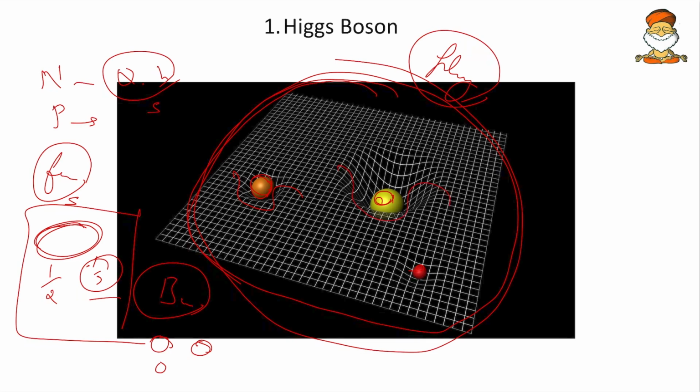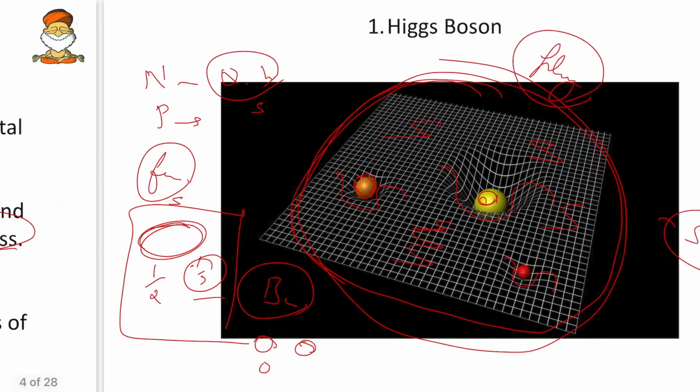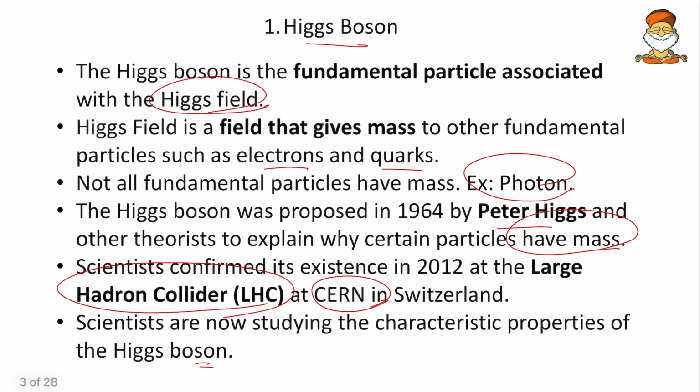Just like how planets and satellites form a depression in the space-time field of the universe, in the same way they also form. So scientists thought that this is the Higgs field, the mesh we find, and within it we find various subatomic particles floating on it. Overall, we make sure that the Higgs boson is a boson, not a fermion. Boson means it has integral spin and it has a force, and the force is the mass. We will study the other fermions and bosons a bit later. As of now, we remember these.